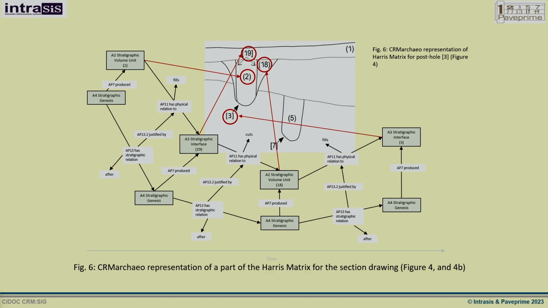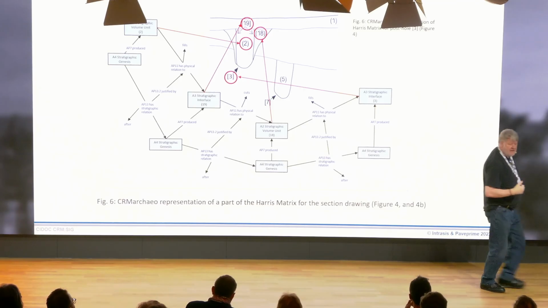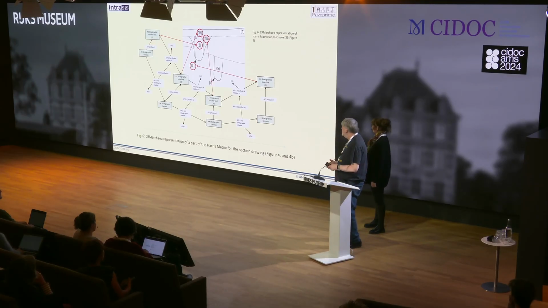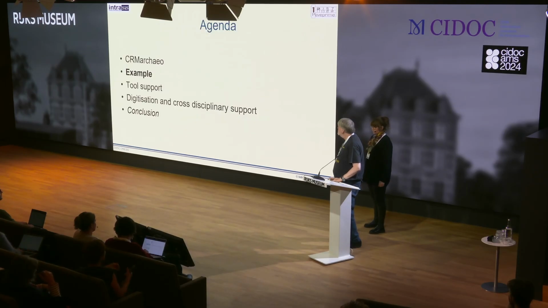And then the stratigraphic genesis, where we've built these things, or these things have occurred, which we now have a stratigraphic relationship, which is the storyline. And we're justifying the storyline from the physical relationship with these .2 relationships between the stratigraphic and the physical.